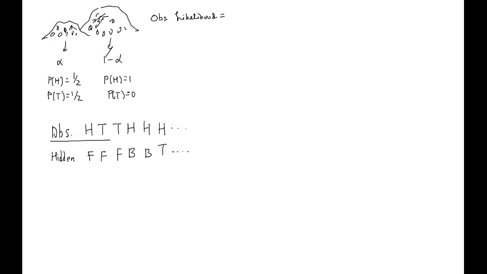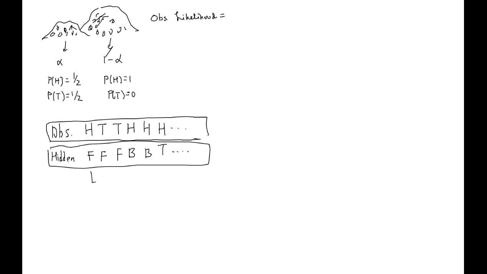So this is what you see, but you do not see this. This is what we call latent, hidden. We don't see it. This one we see, this one we can't see.